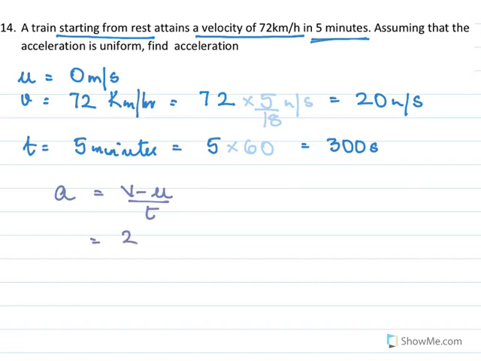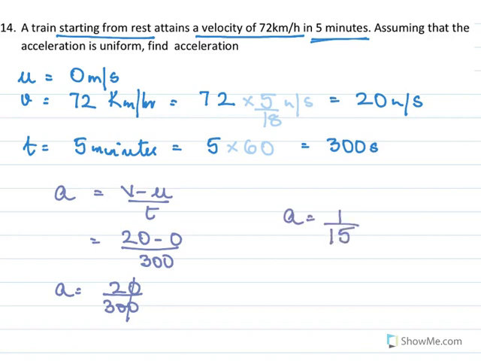The final velocity 20, initial was 0, starting from rest, time is 300, so acceleration is 20 over 300, and you cancel the zeros out, and you cancel 2 and 30, and you get acceleration 1 by 15 meter per second square.